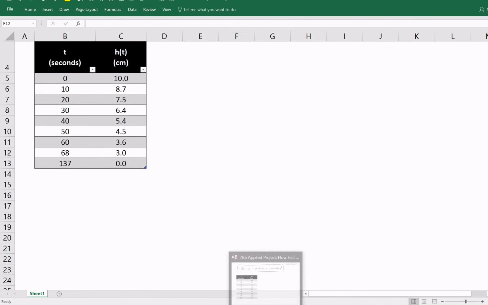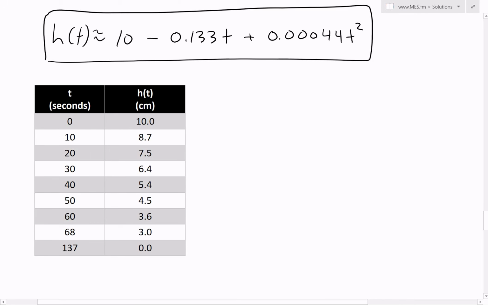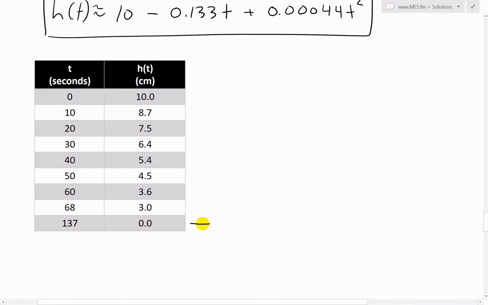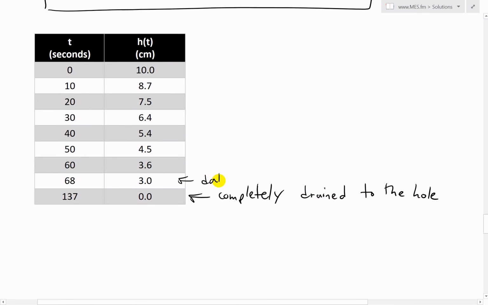So let's go back here. This is the table, and this is right here completely drained, drained to the hole. And here is our data point.